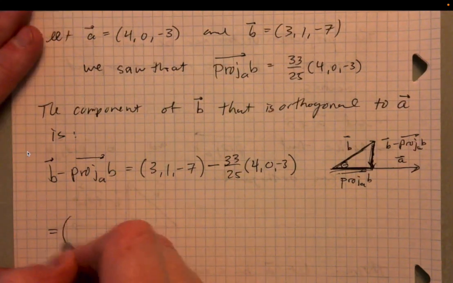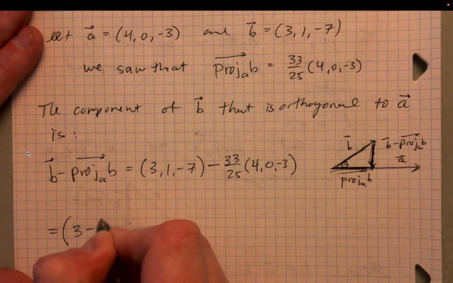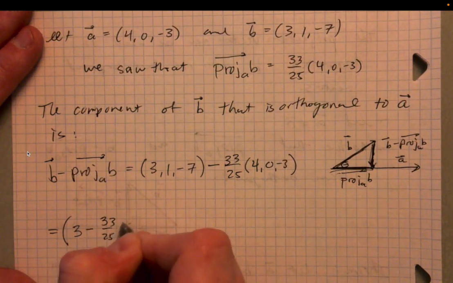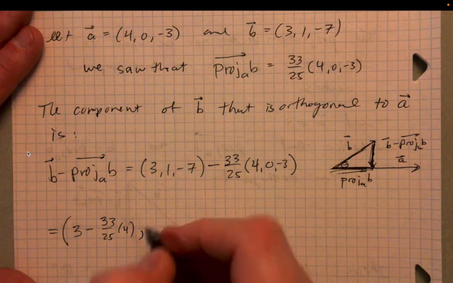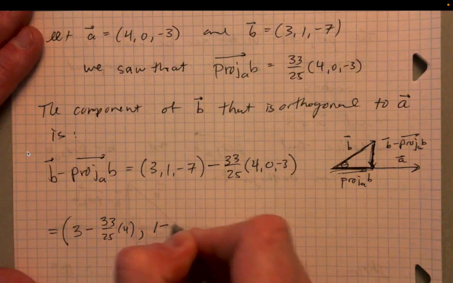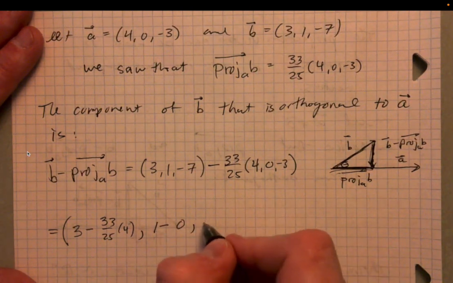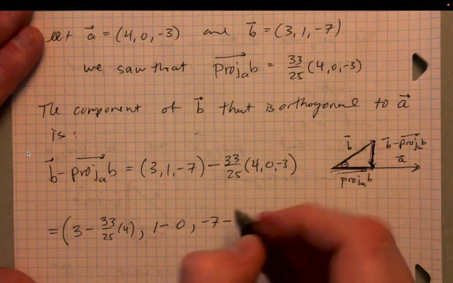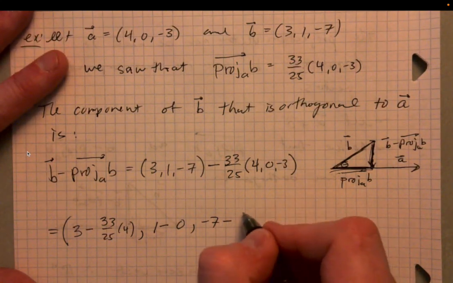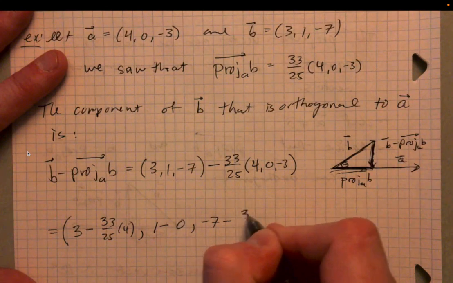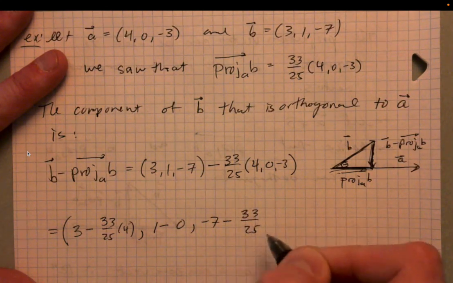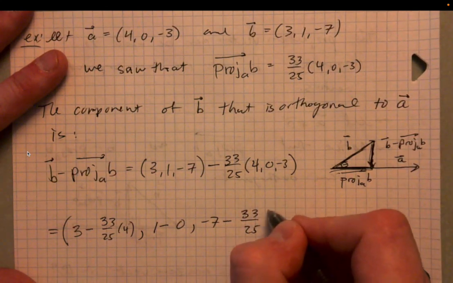So this would be 3 minus 33 over 25 times 4, comma, 1 minus 0, comma, negative 7 minus 33 over 25 times negative 3.